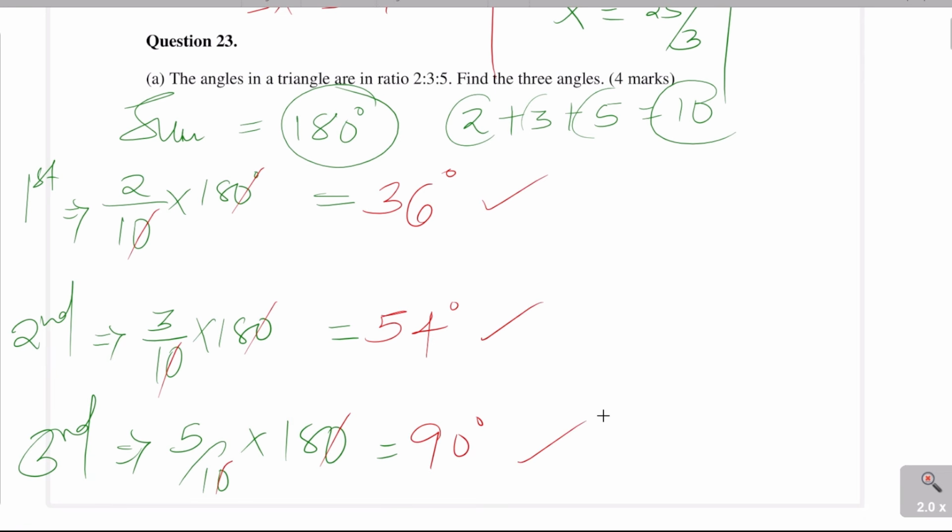So you can confirm when you add 36 to 54 to 90, that should give 180. So that is how you work it out, by first getting the sum of the ratios and then getting each angle by taking the proportion of each angle to the total multiplied by the sum. So that is how you're supposed to do it.